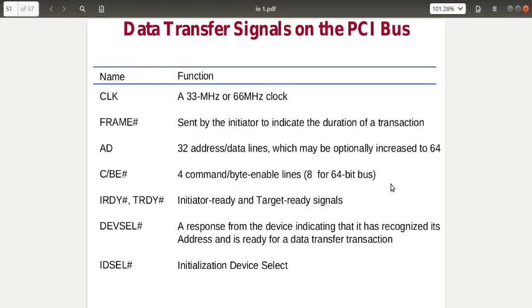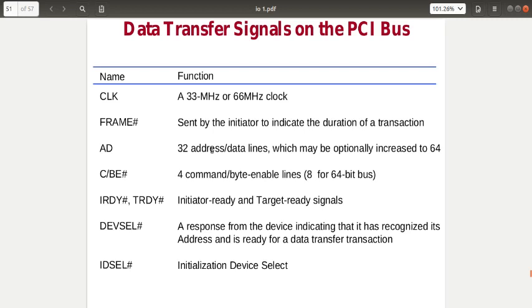So these are some of the actual pins or control signals used in the PCI: clock, and then the frame, used by the device to indicate the duration of a transaction. Then there are the address lines. These address lines can be 32-bit.